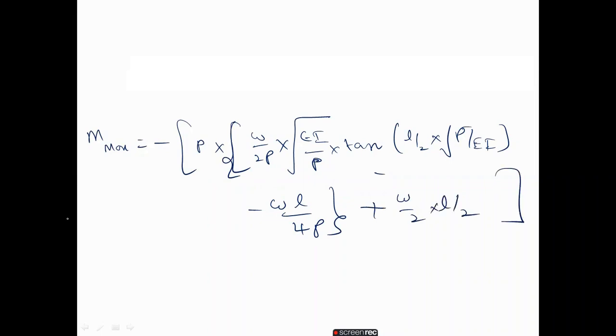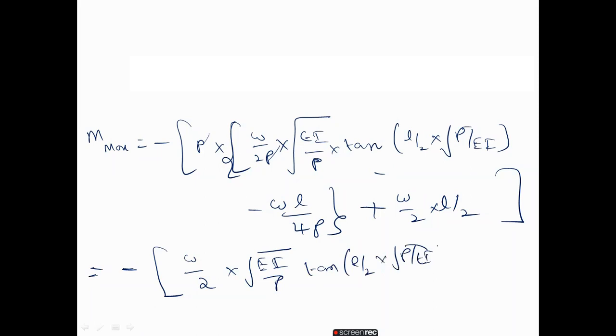From this, the P and P will cancel. What happens? W by 2 square root of EI by P tan L by 2 square root of P by EI, minus WL by 4.